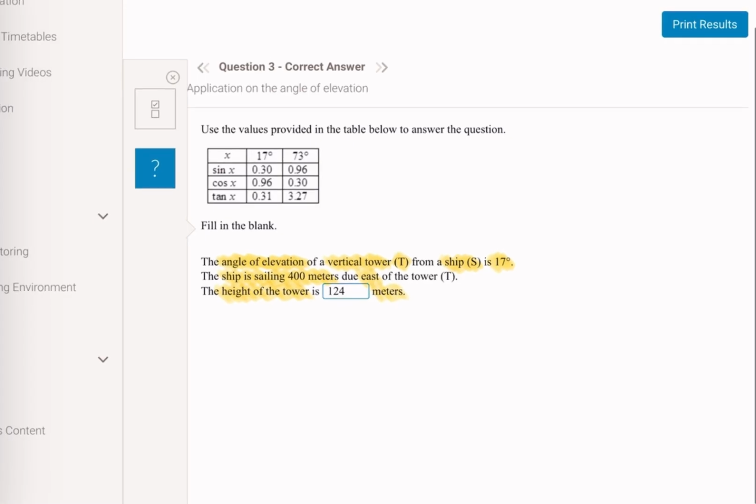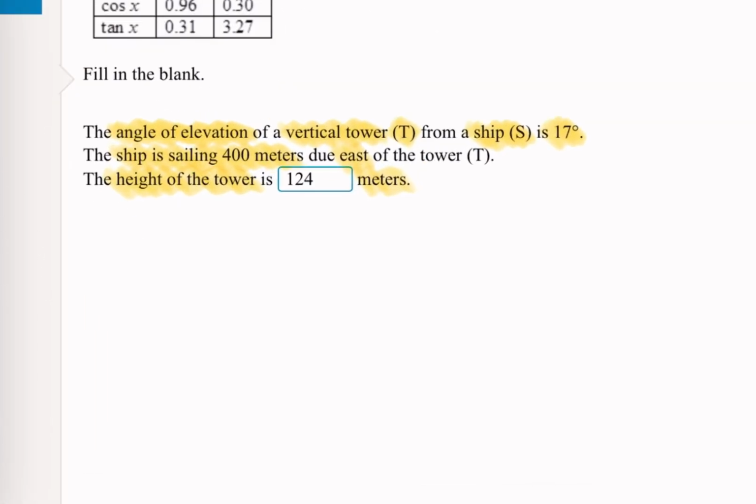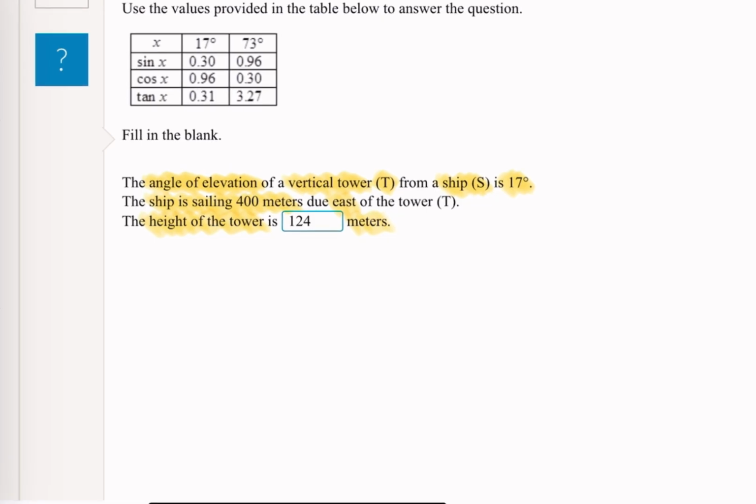Okay, so we're going to start off here by drawing the tower. The tower is going to be this line here. And we're going to draw the ship over here, which is S. They told us it is 400 meters due east of the tower, in the eastward direction.